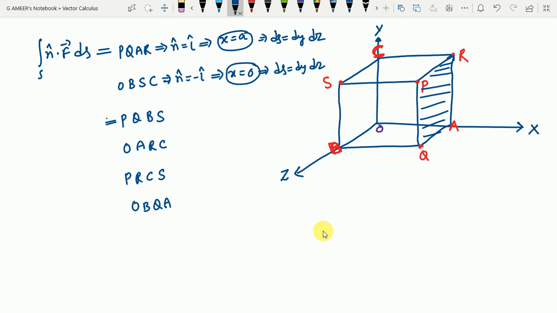Let us come to here. So for this, what is the normal? PQBS, this is the plane. What is the normal to this?